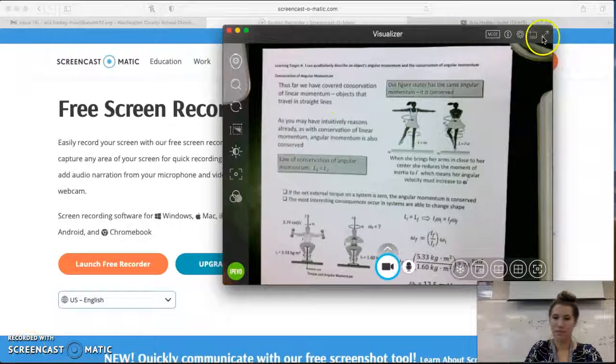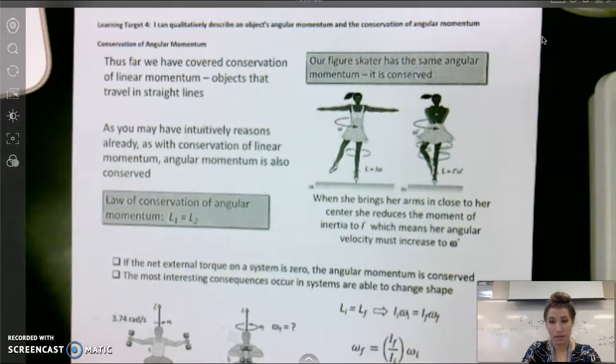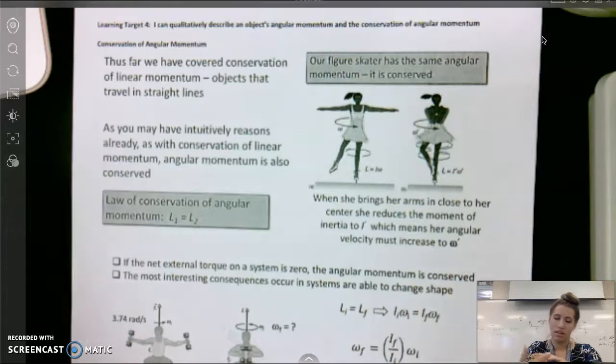Okay, last concept of momentum. And it's taking the idea of conservation of momentum and applying it to angular momentum. Okay, so before we discussed how angular momentum is the angular inertia, which we call moment of inertia, multiplied by the angular velocity.